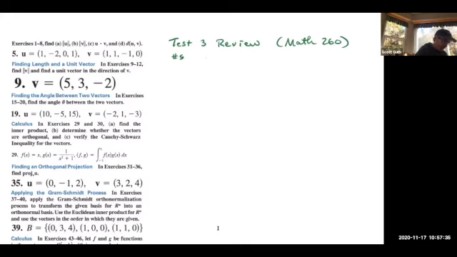So the magnitude, if you look at A, magnitude of U, would just be the square root of U dot U. That comes out to be the square root of 1 squared plus negative 2 squared plus 0 squared plus 1 squared, which is the square root of 6.